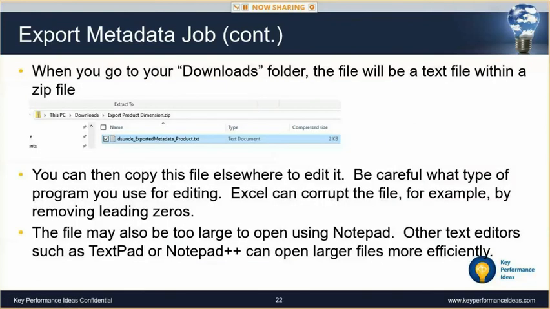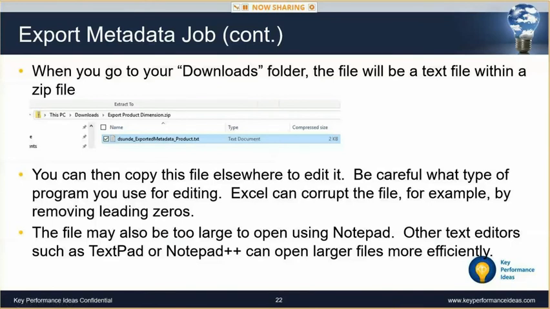When you go to your downloads file on your computer, you'll see it as a text file. In this case, it's this name here, and then it's underneath this, within this zip file. You can then copy it and edit it and unzip it. But when you're editing these files, be careful what you use to edit it because Excel can cause problems.